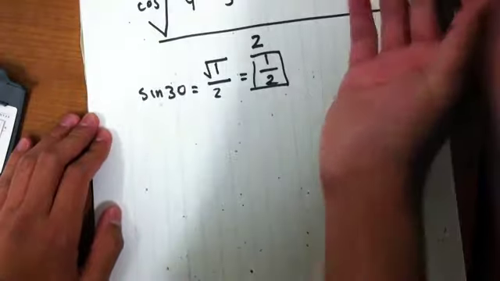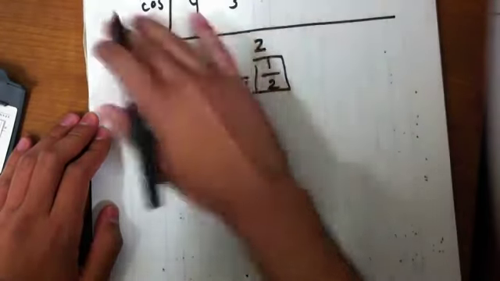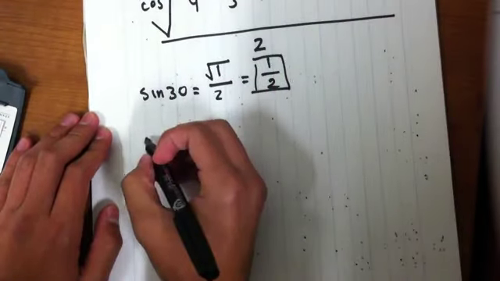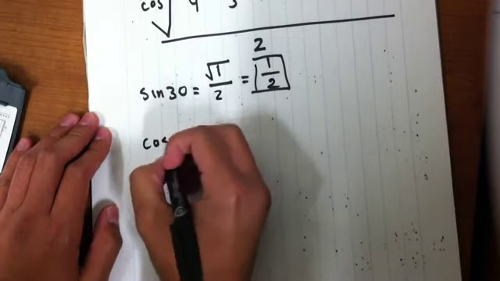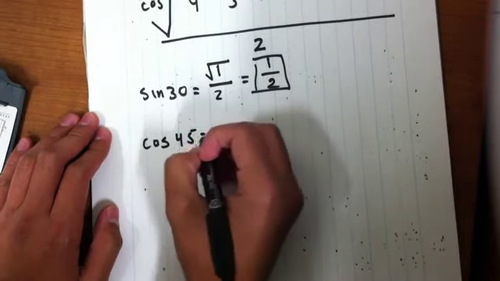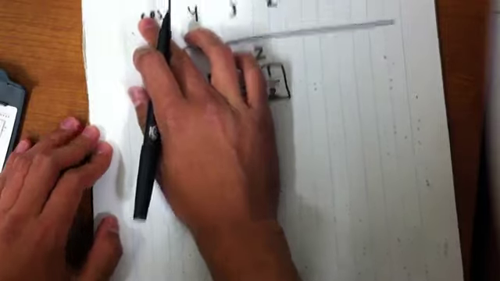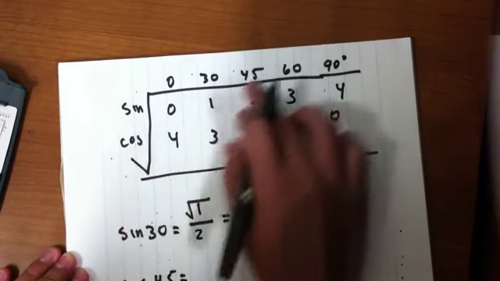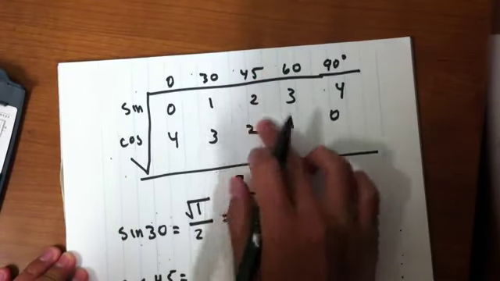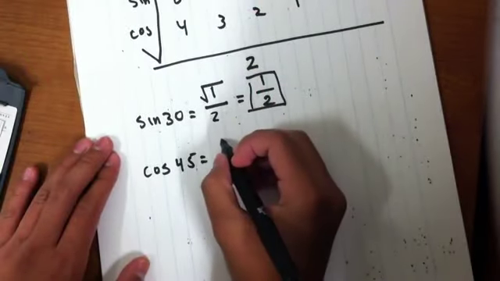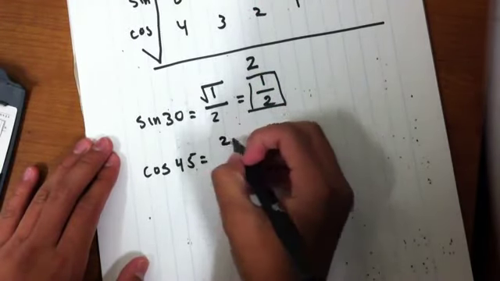Let's try an example with cosine now. Let's say cosine of 45. You go to cosine, you go to the 45, which is 2.